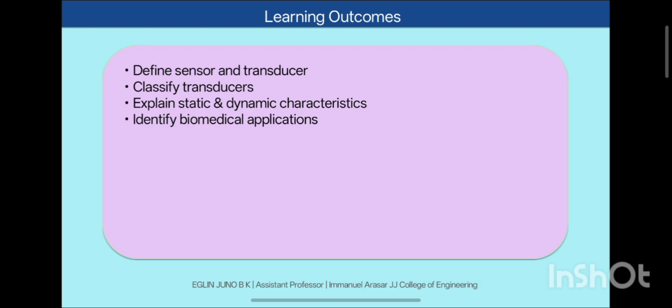So now you can understand the difference between a sensor and a transducer. A sensor only detects the physical quantity, but the transducer converts the detected quantity into another usable form, usually an electrical signal. For example, a pressure sensing element detects pressure.